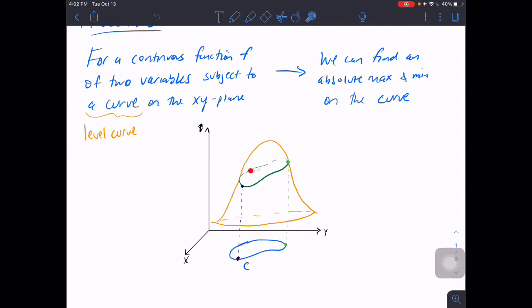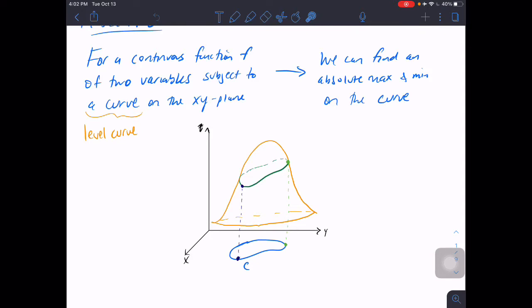And so then on this green curve, notice that we're going to be able to find an absolute maximum corresponding to this point on my curve down here, and an absolute minimum corresponding to this point that lies on the curve over here, okay? And so we're going to be able to find these extreme values now subject to points that lie on a curve versus a region this time. And I just wrote a note here that it turns out that this curve is going to end up being a level curve that we're going to be considering, okay?